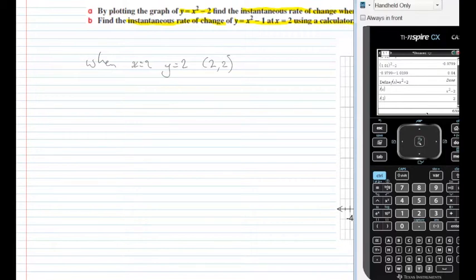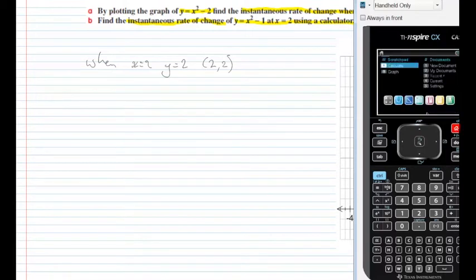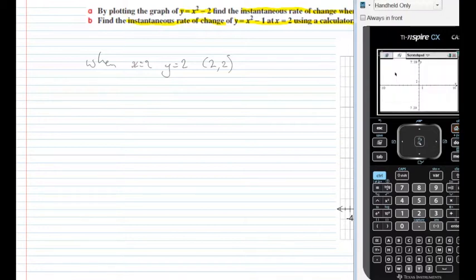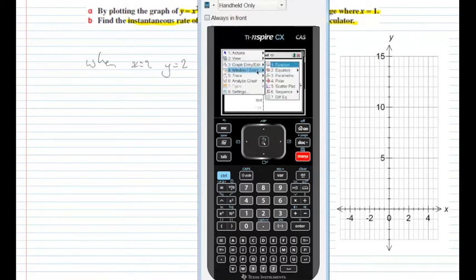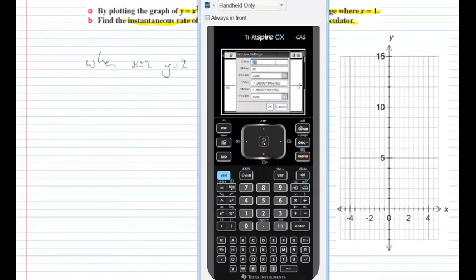We're now going to open up a graphs page. To do that, of course, you go to the home button, and we're going to go graph, double click. Right, and we want the graph to look similar to what we can see here in our settings. So we're going to go menu, window, and window settings. Now our x minimum, that is our smallest x value, is going to be equal to negative 5.